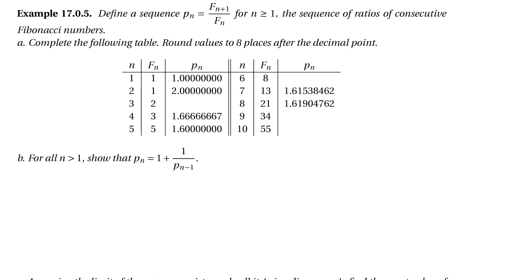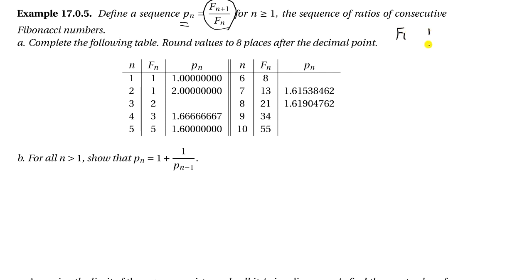Okay, in this example, we are going to show you the relation between the Fibonacci sequence and the golden ratio. And yes, we can get the golden ratio from the Fibonacci sequence. Okay? So let's start by making another sequence, which is actually the ratio between two consecutive Fibonacci numbers. Let me write that down first.